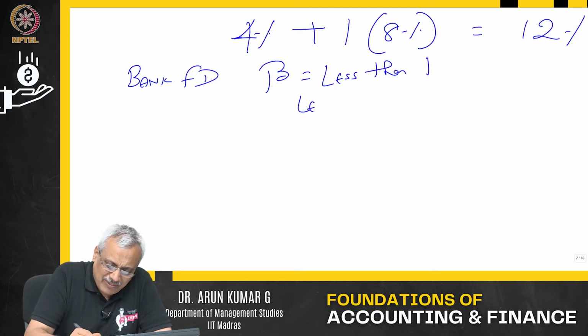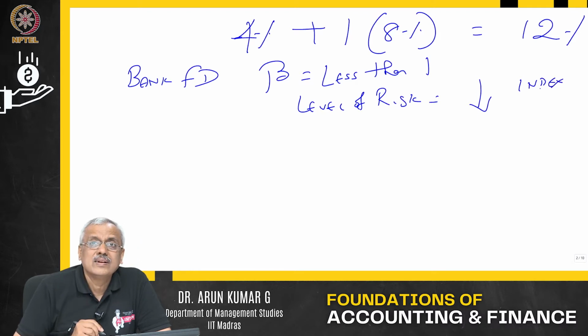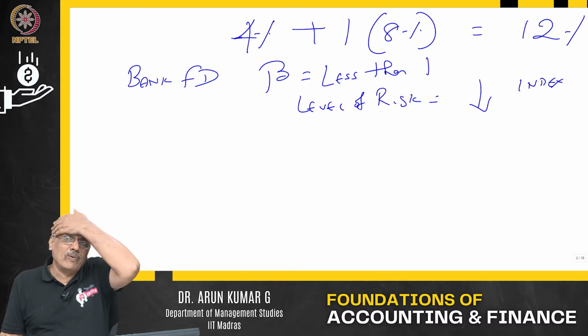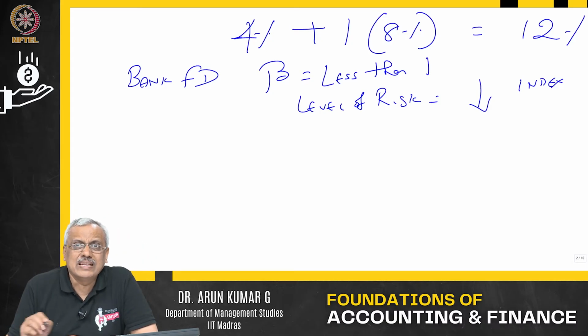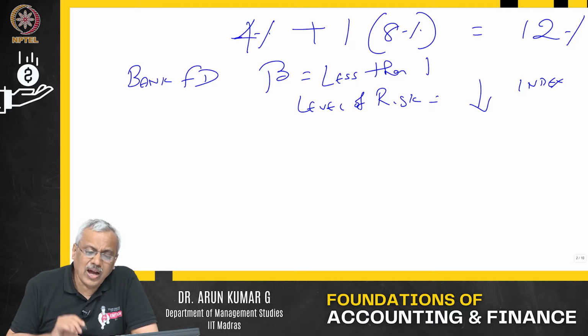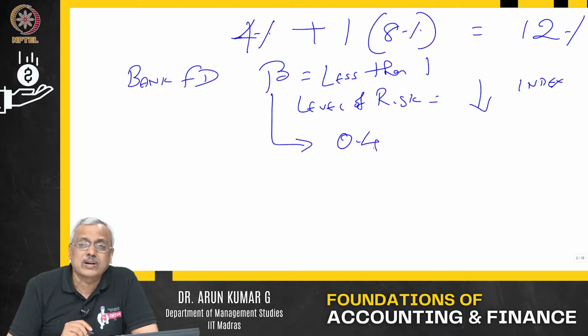Because the level of risk is lower than the index. So how do we calculate beta? I have talked to you about the covariance of your investment with the market divided by the variance of the market, which will give you beta. Now let us assume that the beta of the FD of a bank is about 0.4, which is less than 1.